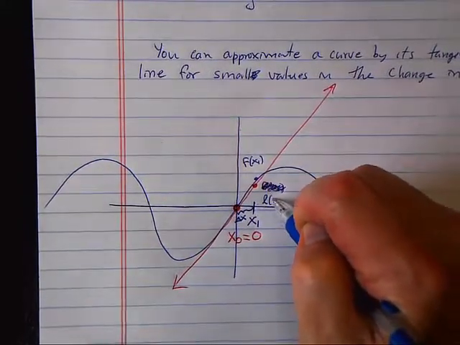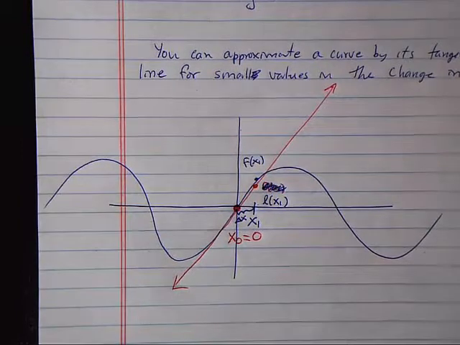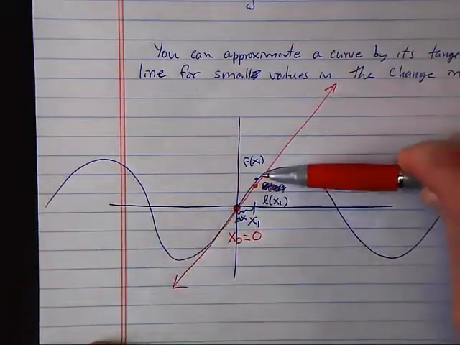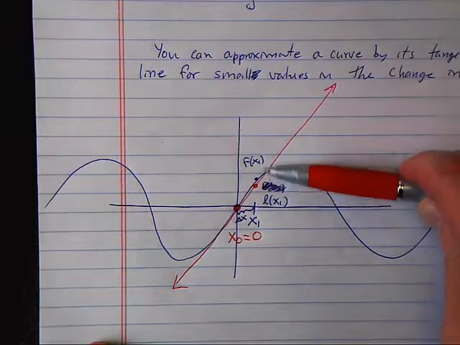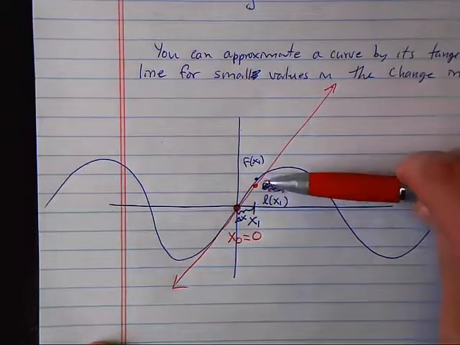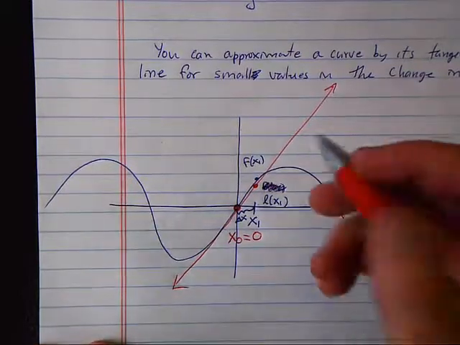I'll call it L at x1 because it's the equation of the tangent line at x1. So if the delta x value is small, then the change in those two things should be small. If we call this one delta x, then we should call that one delta y.